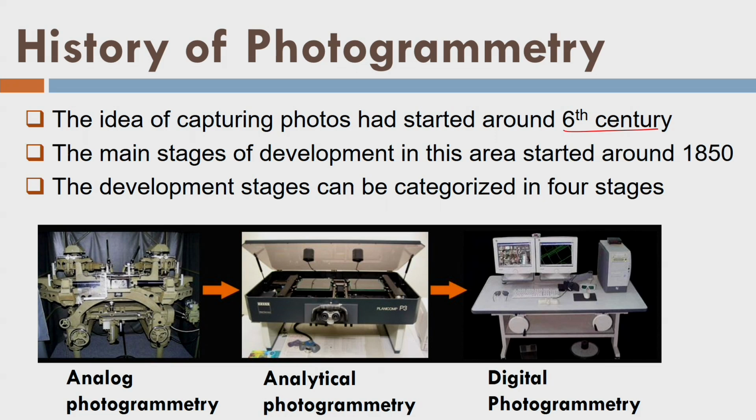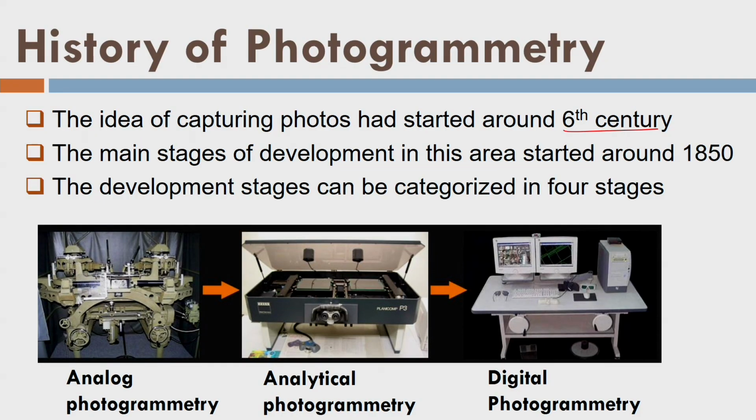The second stage was analog photogrammetry, where some kind of mechanical instruments were used to create the 3D from the photographs. Later on, we shifted to analytical photogrammetry, where we started with the scanning of the photograph, and those scanned photographs in the form of images are now supplied to the computer, and by using the analog computers, because computers were under development. So, using those computers and the scanned images, we started doing the development, and that is why we call it analytical photogrammetry, because the analytical part has become evident.